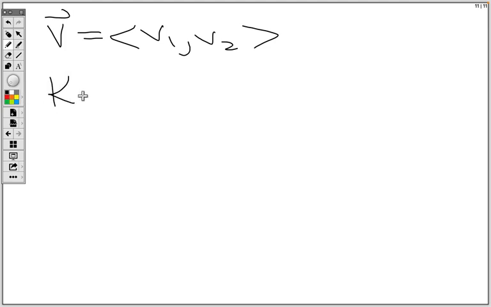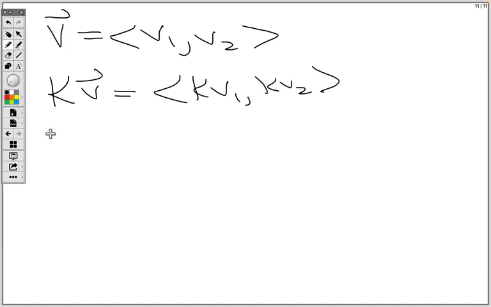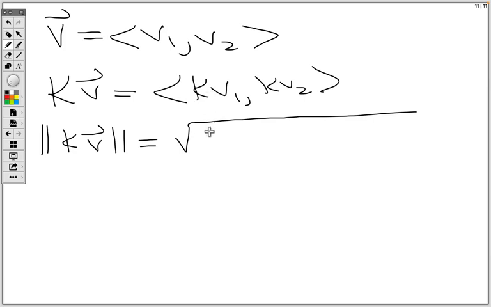And once again, if you wanted to prove this sort of thing, you'd start off with v as some generic vector v1, v2, and you'd look at k times v; by definition, you're scaling v1 and v2 by k. Then if I take the magnitude of kv, by definition, the magnitude of a vector is you square the components, add them up, and take the square root. So this is Pythagorean theorem.